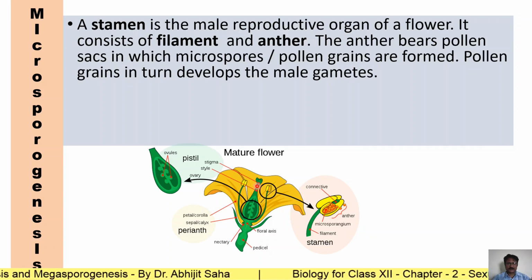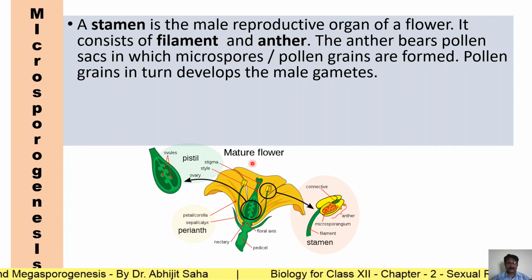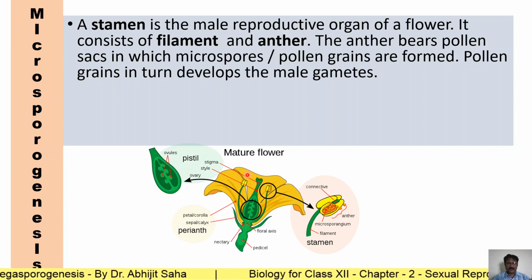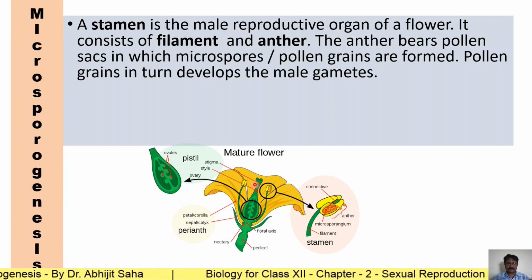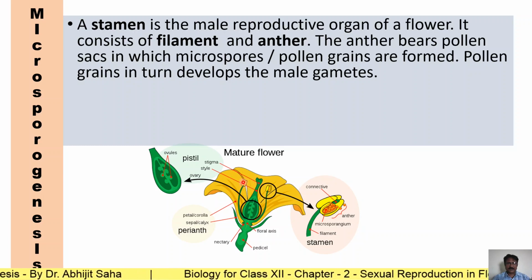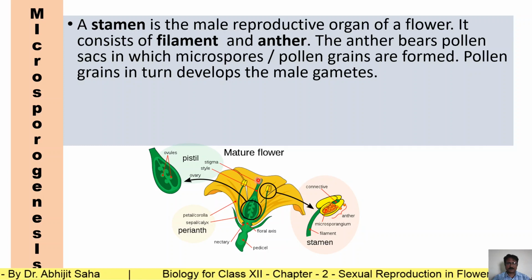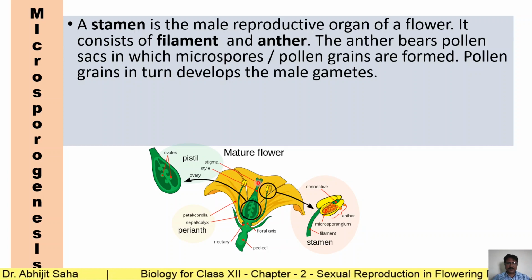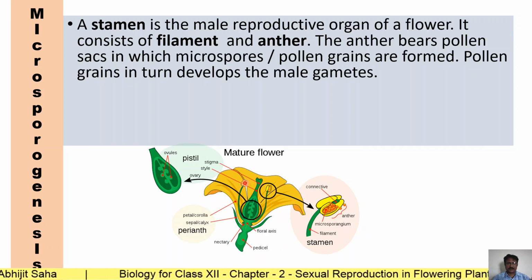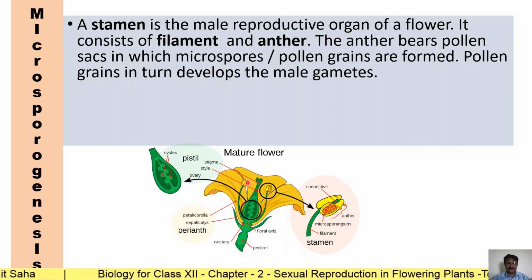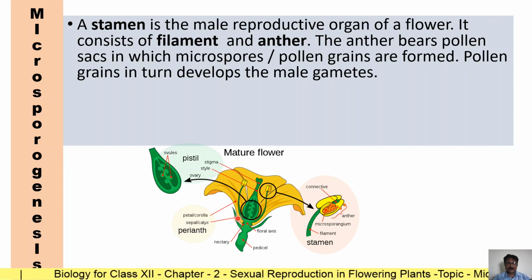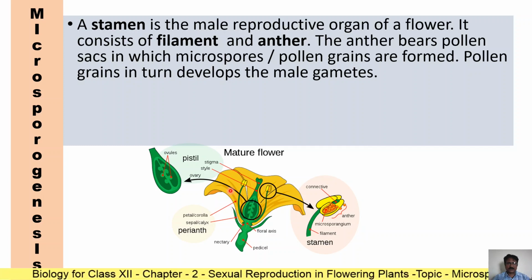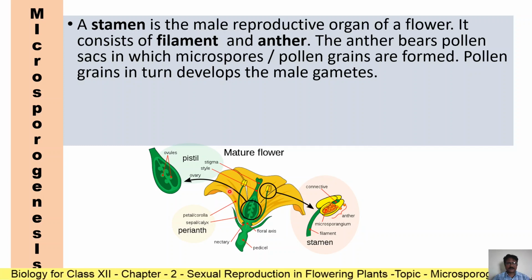In sexual reproduction, it is the androecium and gynoecium which take part. They are directly involved in the reproductive process, so they are called essential whorls, whereas calyx and corolla are called accessory whorls.